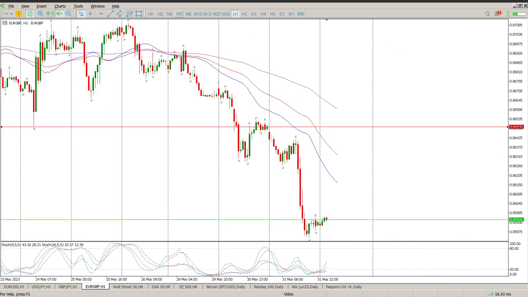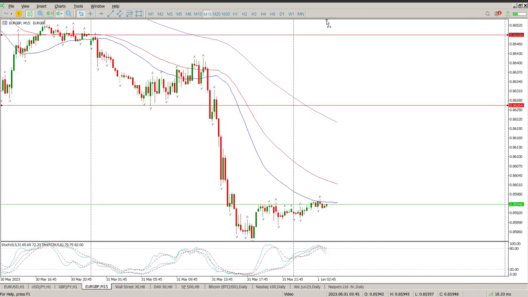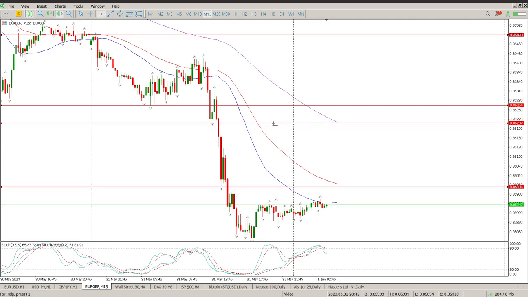Your area for shorting is going to be pretty much up there at 086264. Definitely not interested in anything down here, and even if you are on the 15-minute, you're going to have to pay attention to the following areas. There's the first one, and here's the second one, all the way up there.